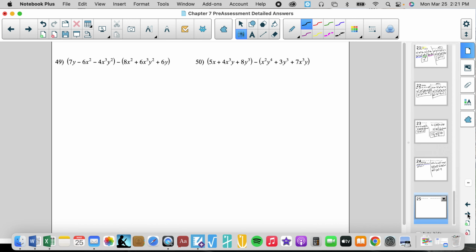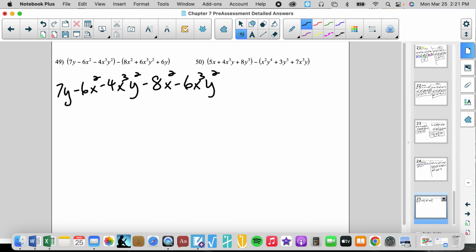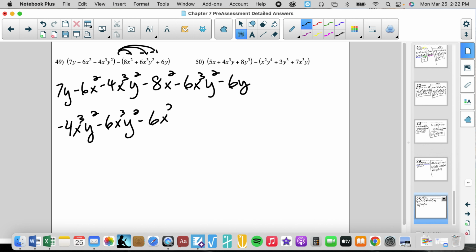We're constantly practicing. We are well aware of the tricks, the trades, and all the shenanigans that math books like to play on you. You're noticing I'm switching the signs of each of these terms because I'm distributing in that negative. So we get negative 4x to the third y squared minus 6x to the third y squared minus 6x squared minus 8x squared plus 7y minus 6y.